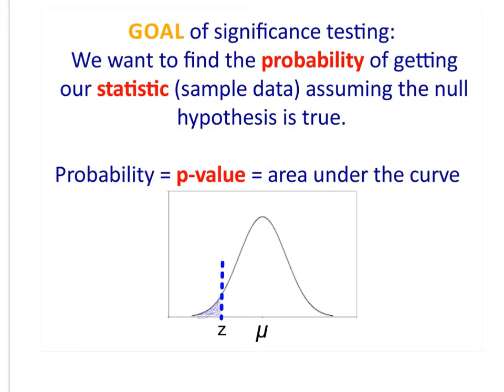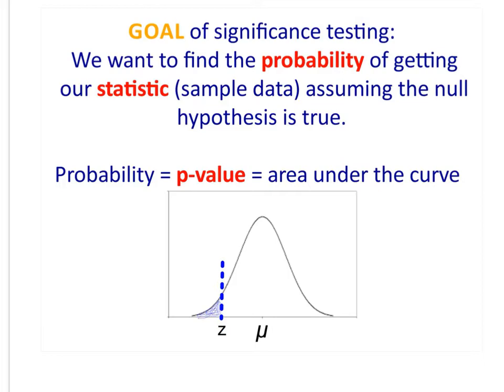Well, all a significance test is, we want to find the probability of getting a statistic or a sample assuming the null hypothesis is true. So the probability, or the area under the curve that we've been finding for so long, is the same as the p-value. They're the same number, it's the same process and the same idea. We're just finding different kinds of markers on our curve to tell us where to look for that p-value.